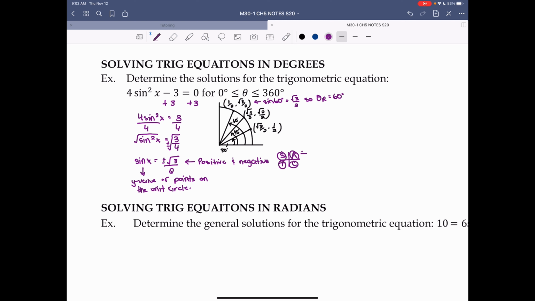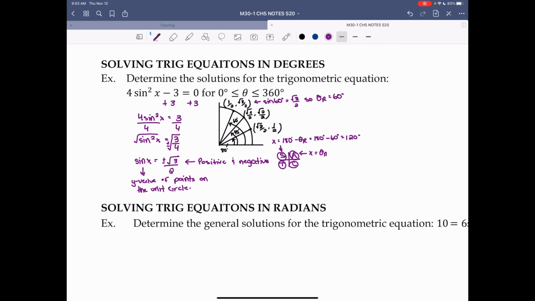In the first quadrant, our answer x is going to equal our reference angle, theta r. In the second quadrant, x equals 180 degrees minus theta r, which is 180 degrees minus 60 degrees, which is 120 degrees.